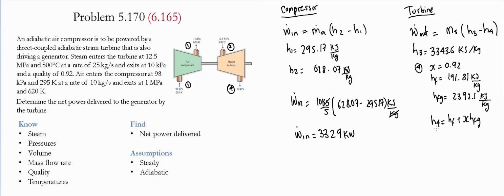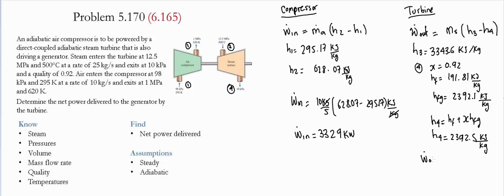We substitute these values, and we find that h4 is equal to 2392.5 kilojoules per kilogram.